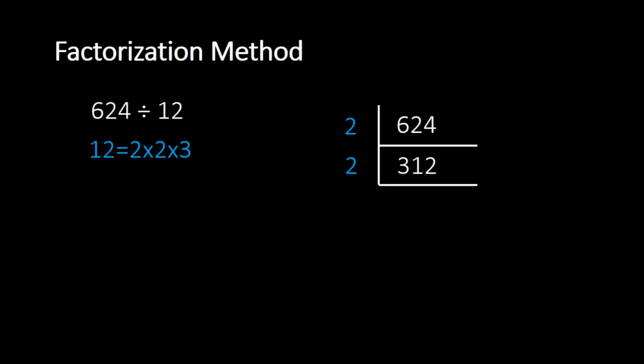Now we'll repeat the process until we run out of the prime factors of our divisor. So 312 divided by 2 is 156. 156 divided by 3 is 52, and that will be our answer.